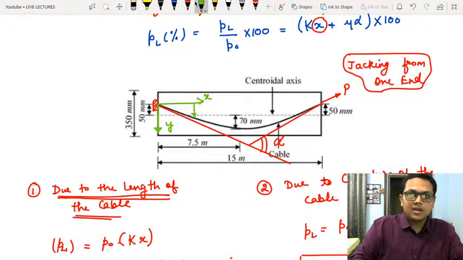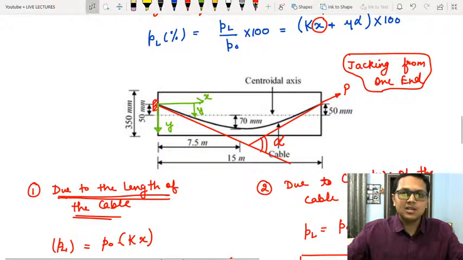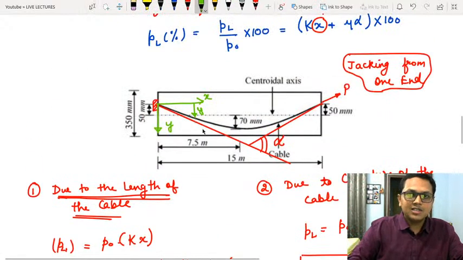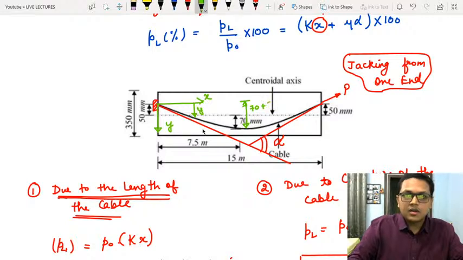So at a given x, the value of y is as this, and h is the maximum deflection of the parabola from the x-axis, that is equal to 70 plus 50, is equal to 120 mm.